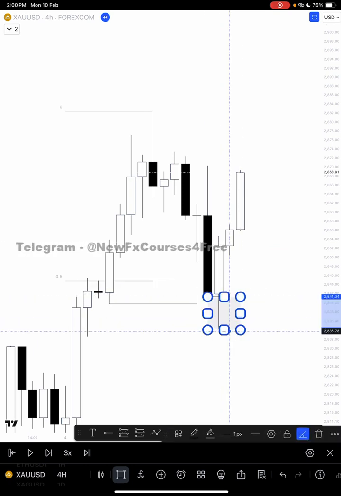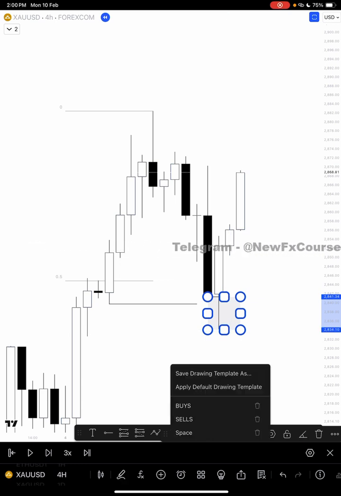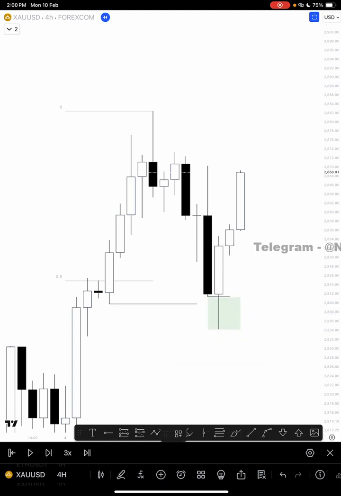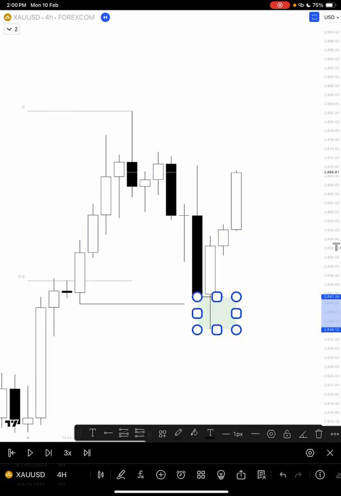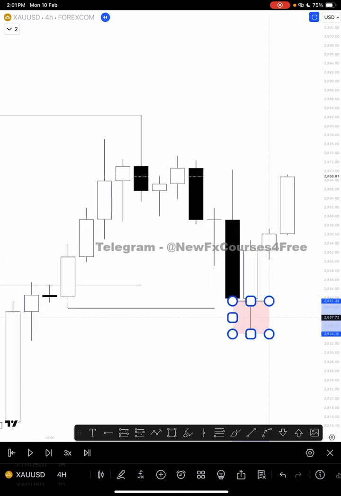Remember, I told you guys old lows can be used as key levels. So here, this is actually your manipulation profile, lower.